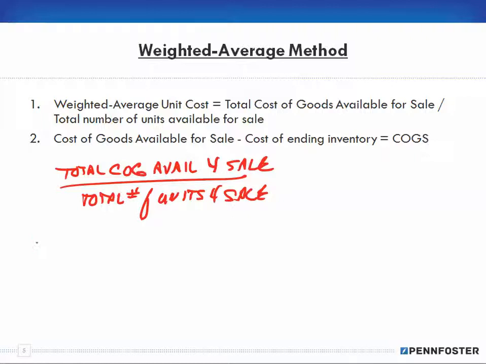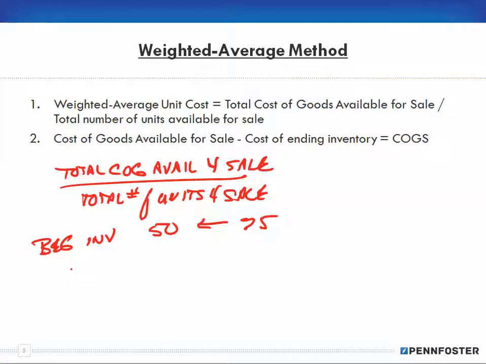Now, let's say I'm looking at a certain pipe fitting. If I start out with a beginning inventory of, let's make it smaller, let's call it $50, and to get to that $50, I had 75 of those fittings.